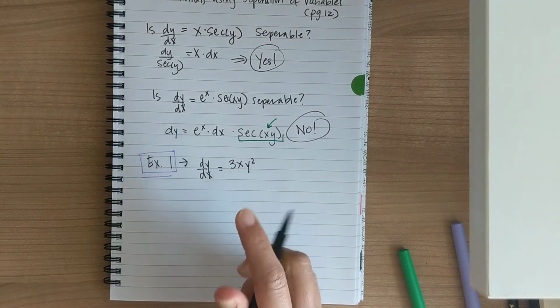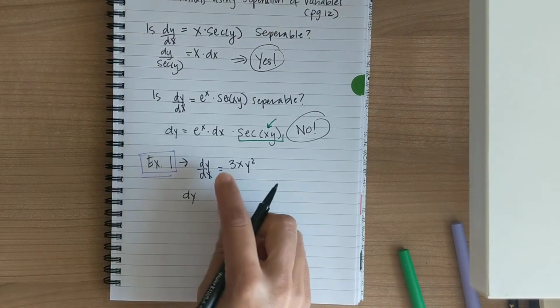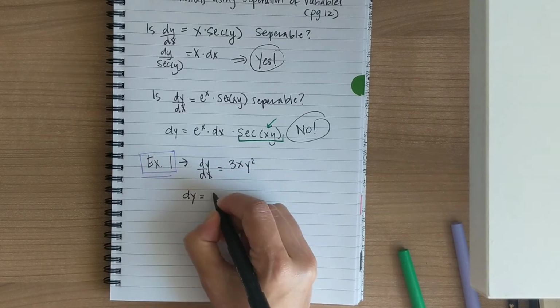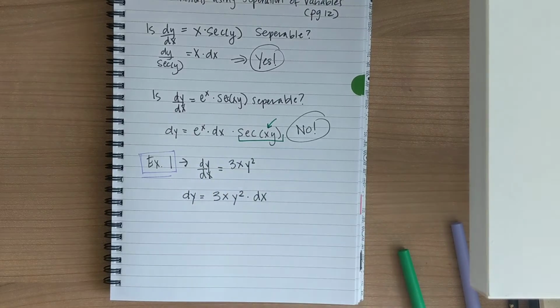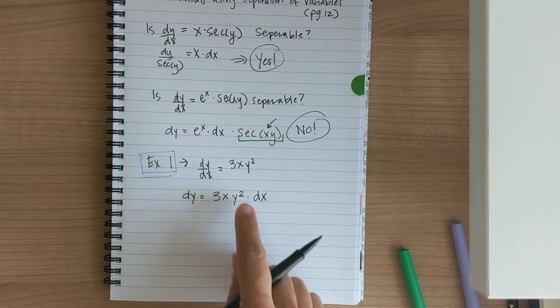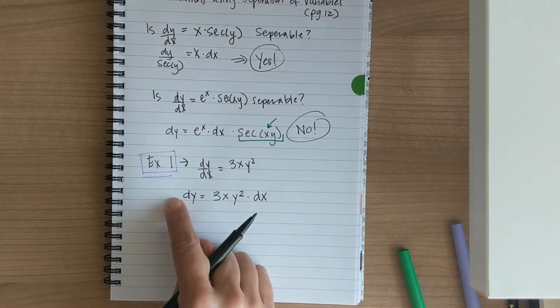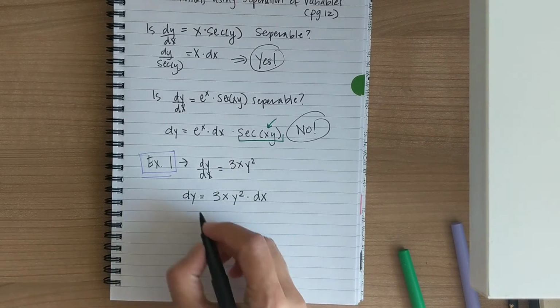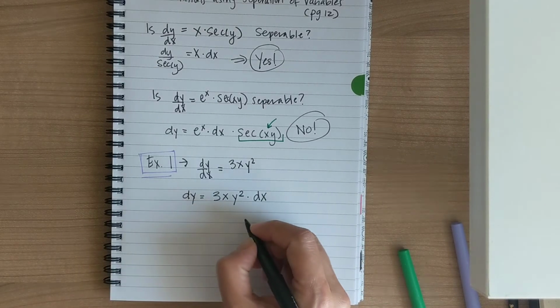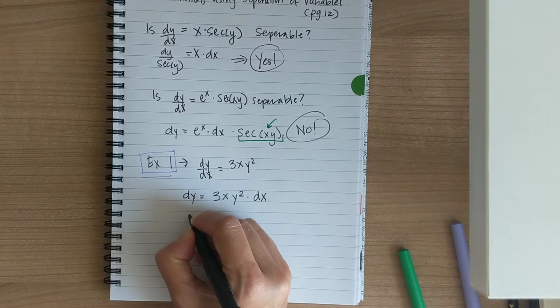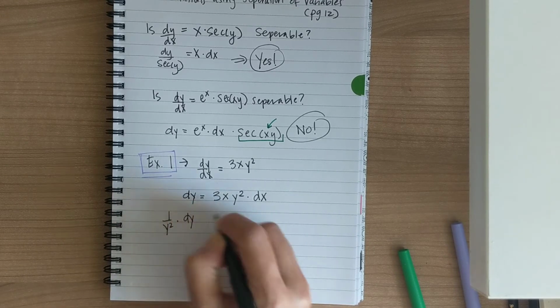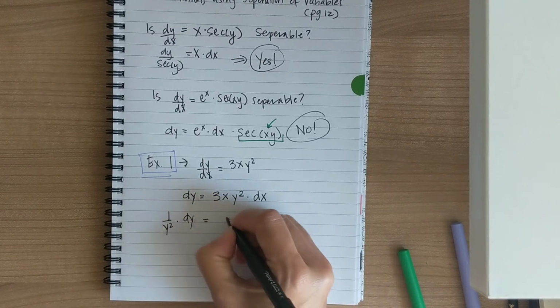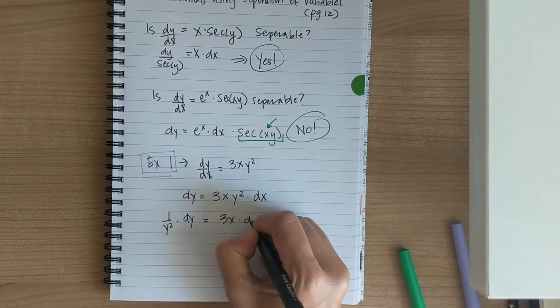I'm going to move this dx over, so I have dy equals 3xy squared times dx. Now to completely separate this, I need to get this y over here, and that'll work out because I can just divide it out. So what I end up with is dy times 1 over y squared, because I'm dividing by that, equals 3x times dx.